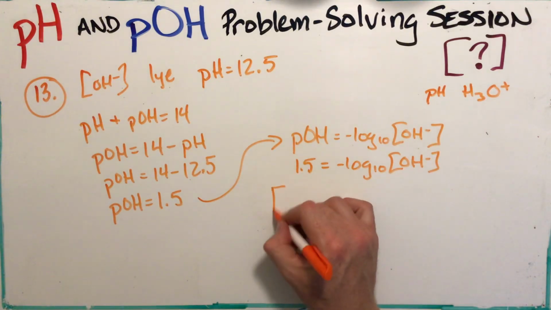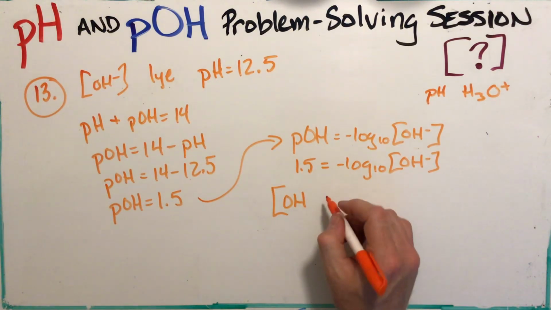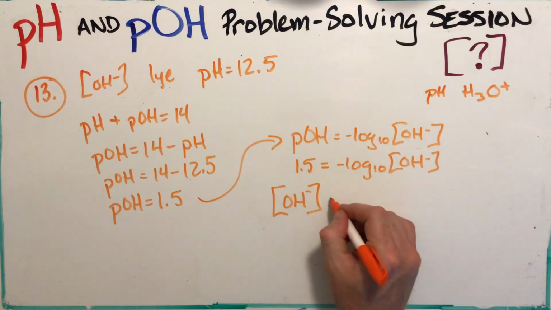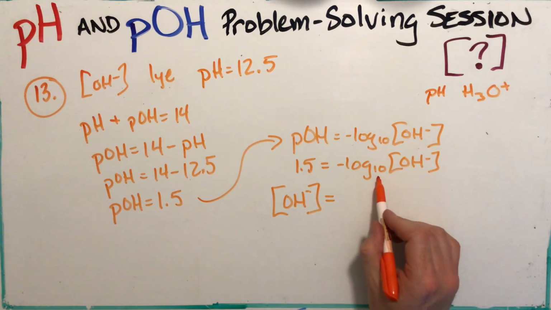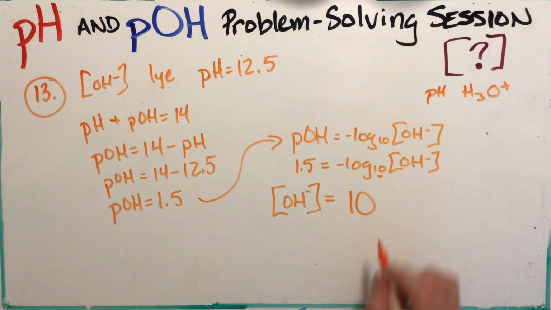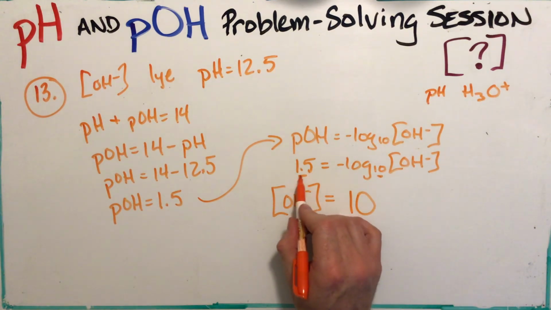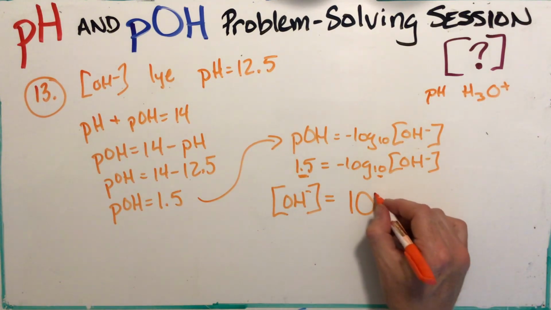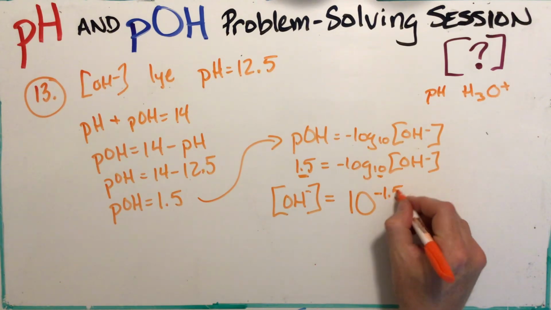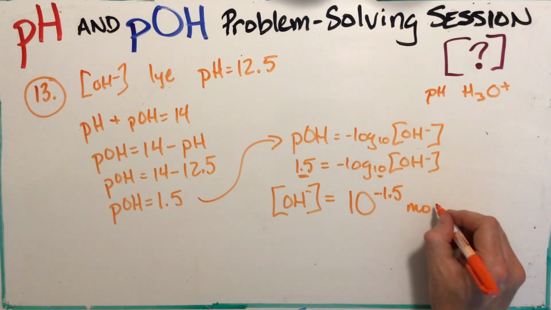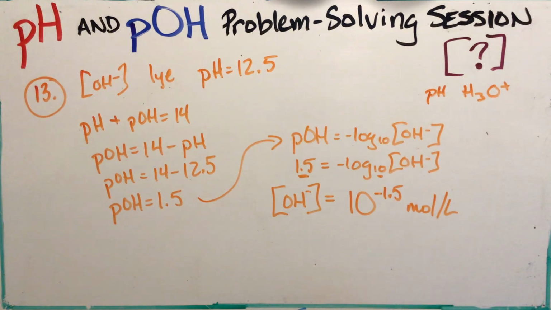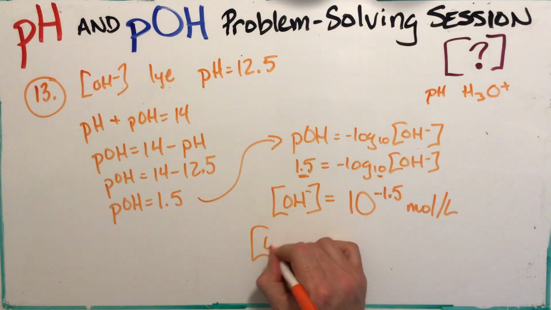So basically you have to understand that if you're given the pOH or the pH, we take the 10, and that's your base, and this becomes a negative exponent. So you put that into your calculator, and it's going to be in moles per liter. It's a concentration.